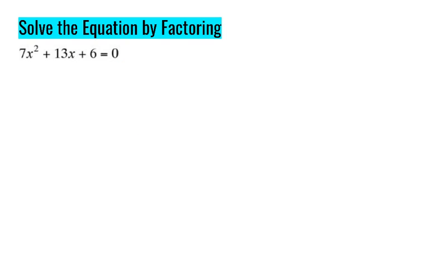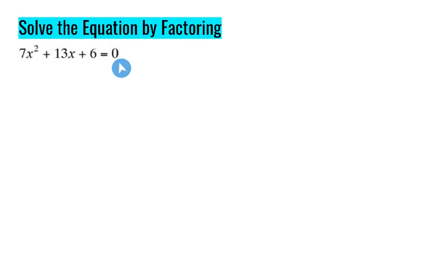So on this one we get 7x squared plus 13x plus 6. So really the only thing is we got to factor this guy. And when it comes to our factoring, we worked on factoring these types of problems when our A was greater than 1, right? So the first thing we always did if our A was greater than 1 was look at our quadratic to see if there's anything that can be factored out.